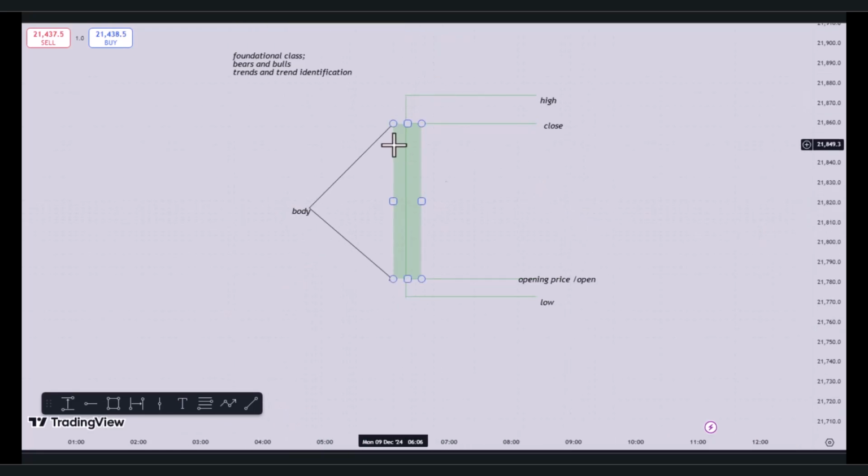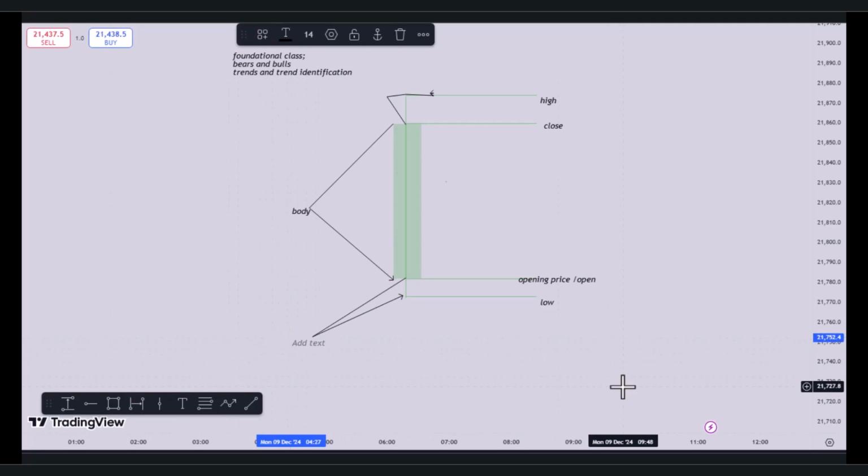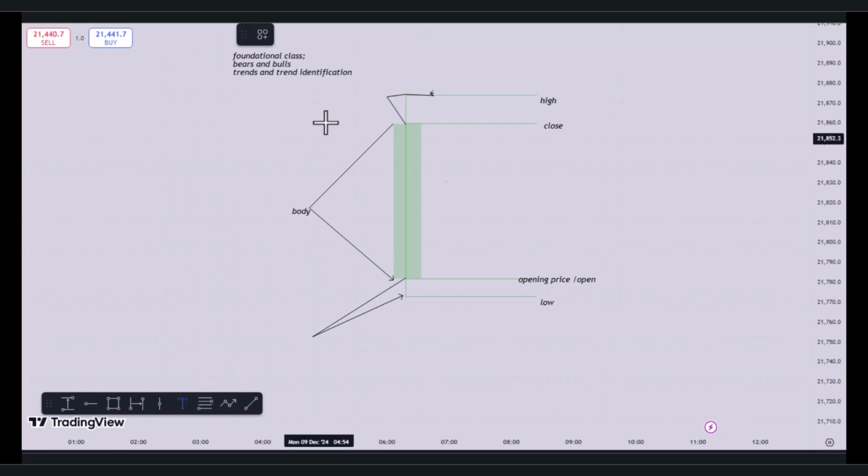Right there. So you've noticed there is this distance from the close to the high, and another one here. This right here, we call it a wick. So any candle.